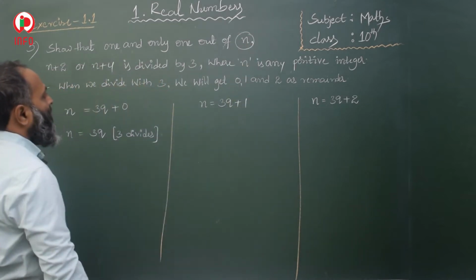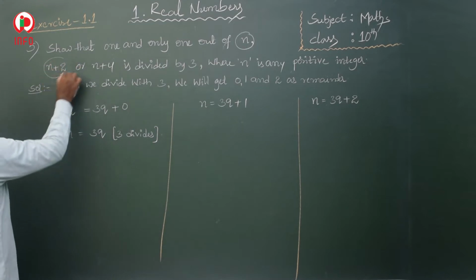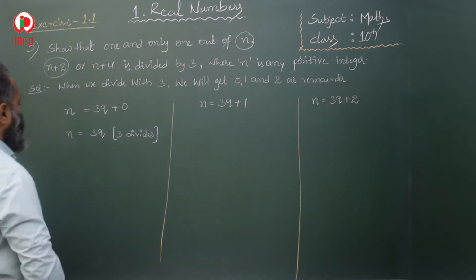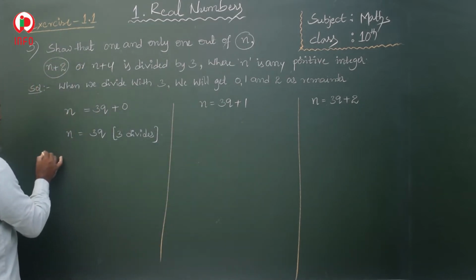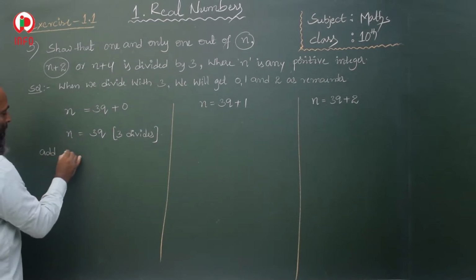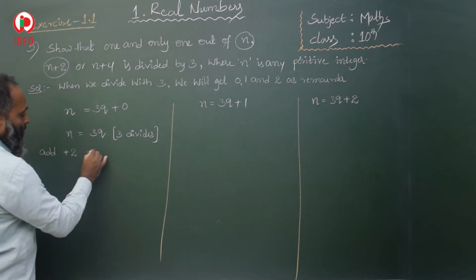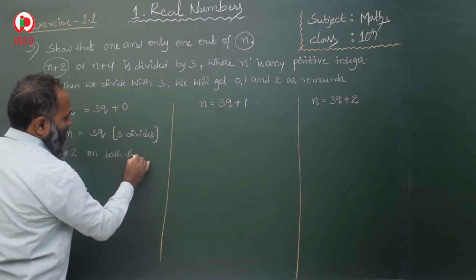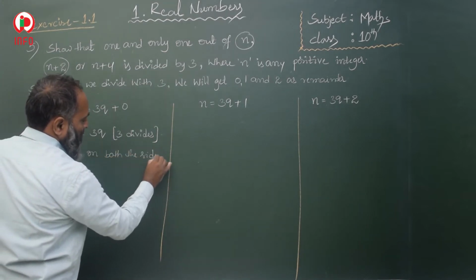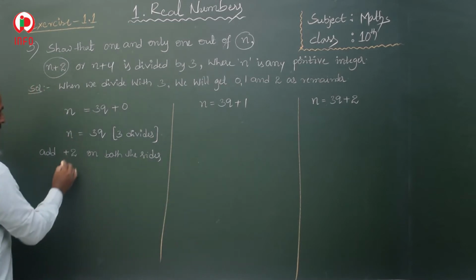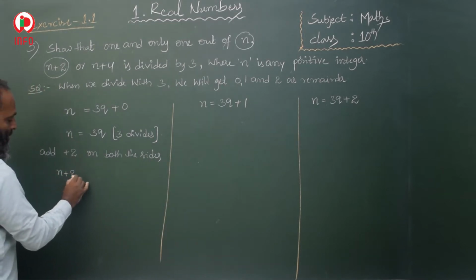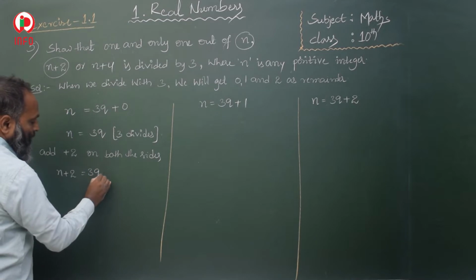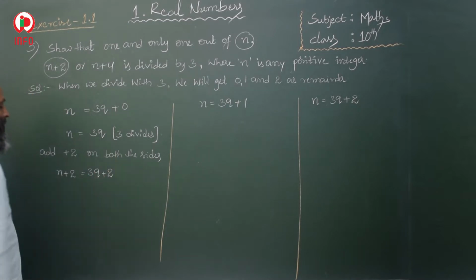Now if you take n plus 2 in all the 3 cases, then what happened? Add plus 2 on both sides. See here, n plus 2 is equal to 3q plus 2.